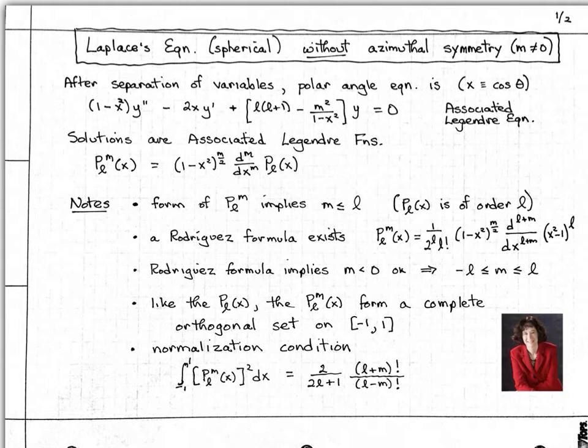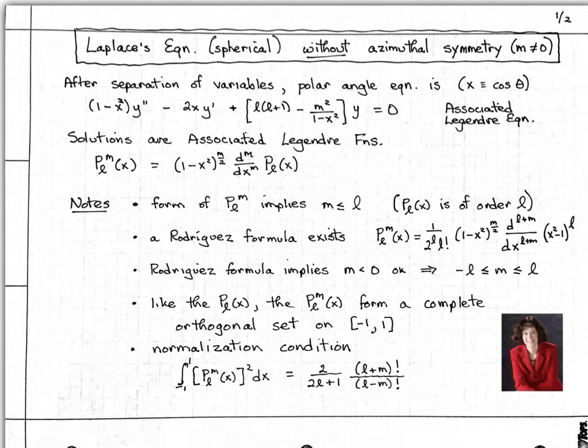One of the cool things about the Rodrigues formula is it tells us that actually m could have a value smaller than 0. Look here, this function (x squared minus 1) to the L has a highest term, x to the 2L. That means, yes, we could take 2L derivatives of it, and that's fine. m could be as large as L. But here we see that this formula would make sense even if m had a value smaller than 0.